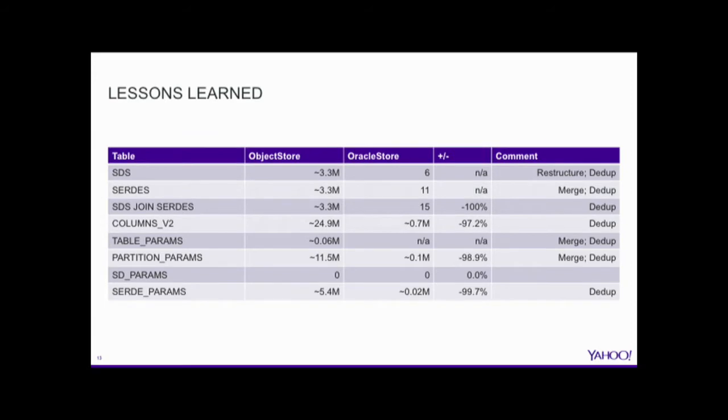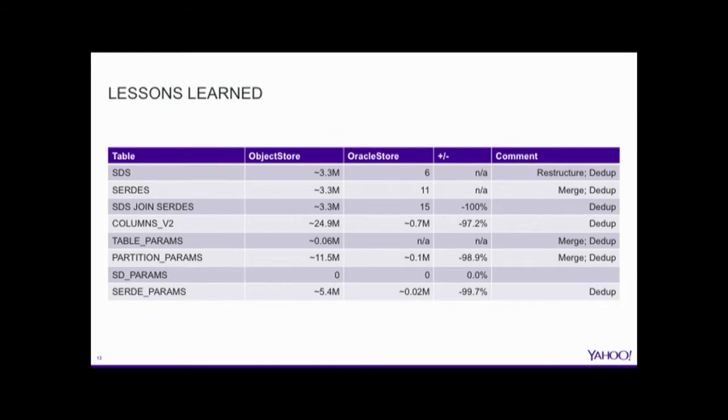The problem that we find here with the SDS table is that there are 2 problematic columns. One is a location field, which defines the location on the HDFS where this particular object can be found. The second column is a pointer or a reference to the column set that is associated with that particular table or partition.